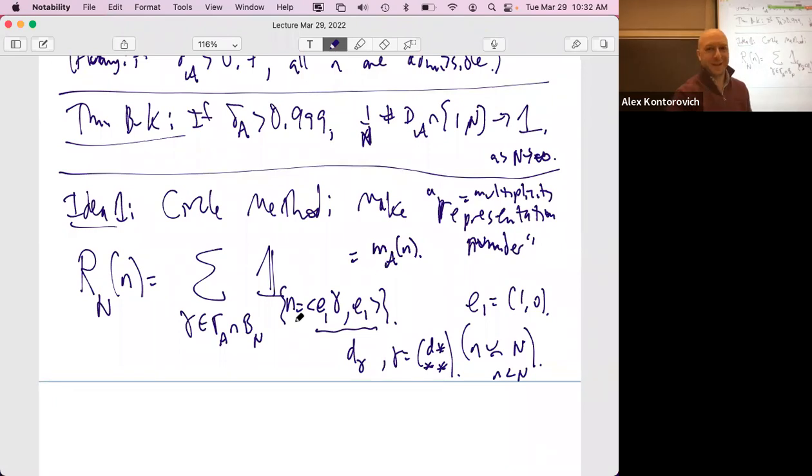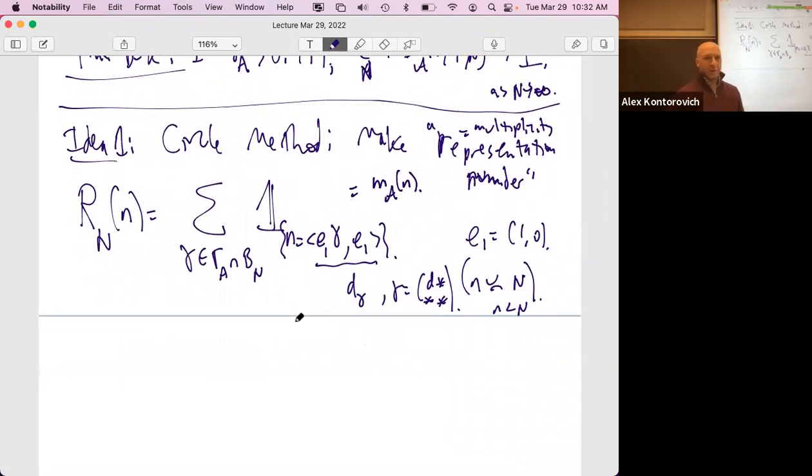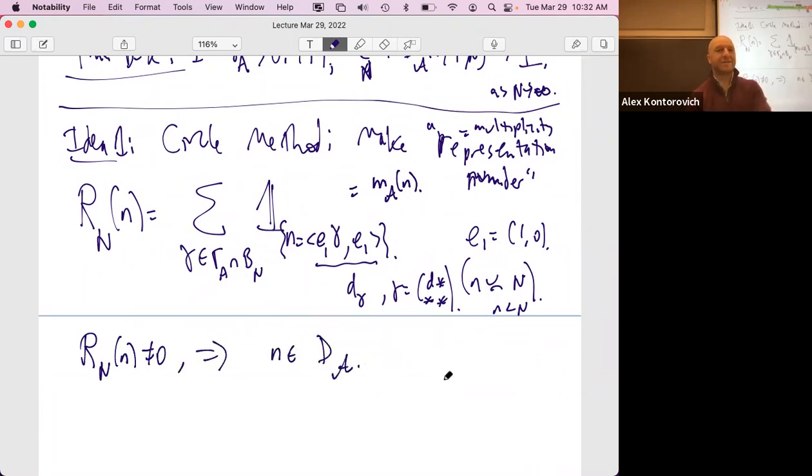Okay. So far, so good. And the obvious thing is that if Rn of n is not equal to 0, then n is in dA, because it appeared at least once. If it appeared 0 times, then we don't know.